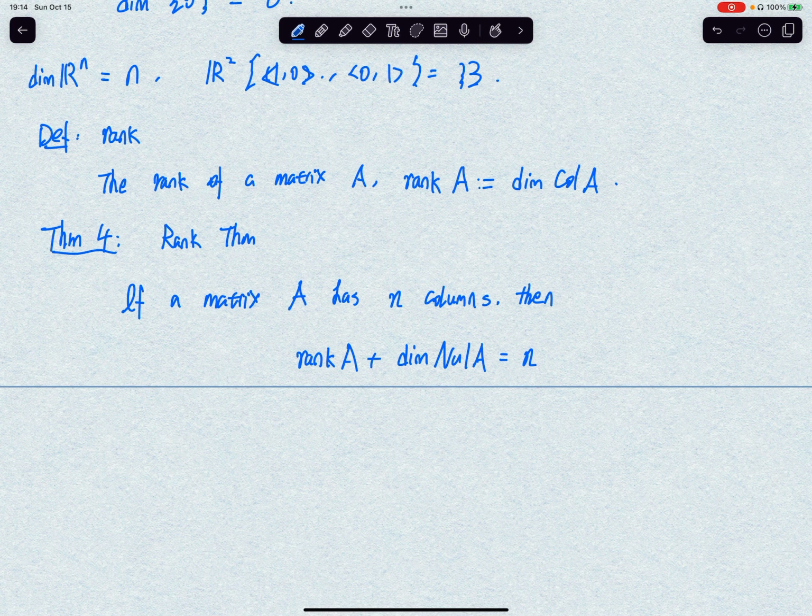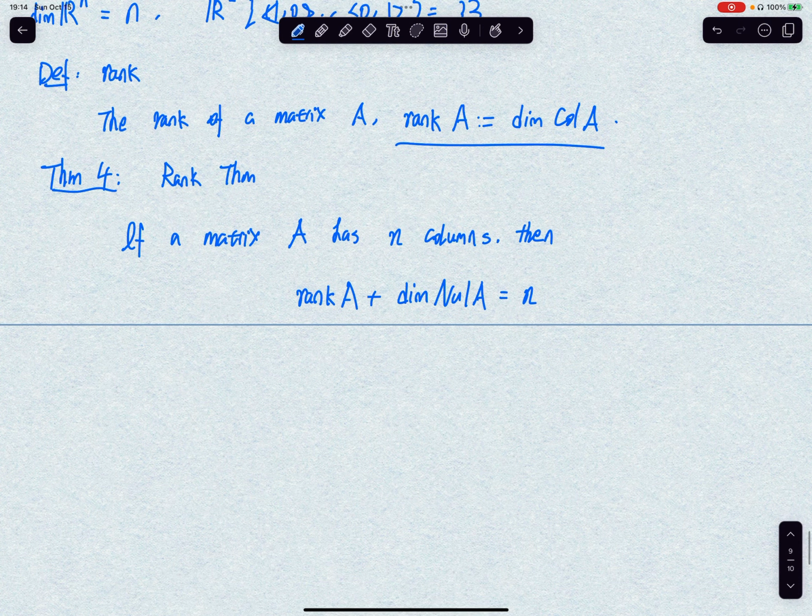That is equivalent to saying, since rank of A equals the dimension of the column space of A, that the dimension of the column space of A plus the dimension of the null space of A is n. So that also tells us that there is a duality relationship between the column space and the null space.